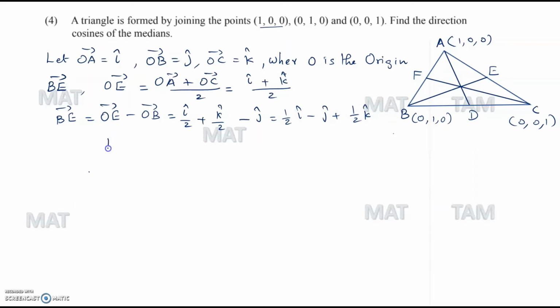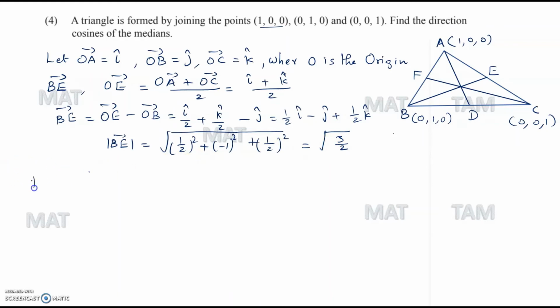Therefore, our magnitude of BE will be equal to square root of half squared plus minus 1 squared plus half squared, and that will be equal to square root of 3 by 2, just as the previous case.